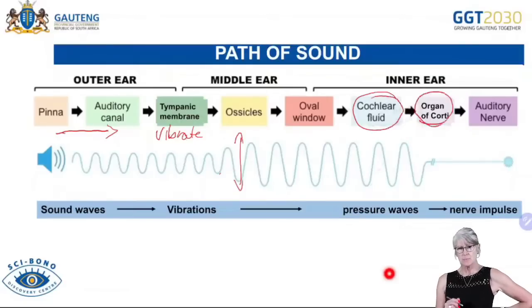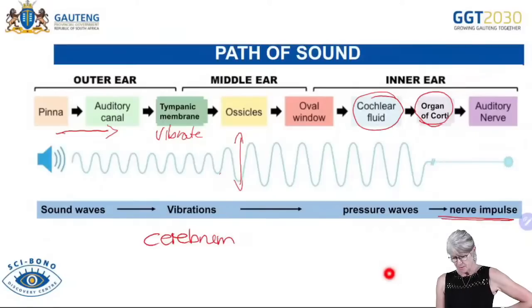As soon as they are stimulated, they're going to initiate a nerve impulse, and that nerve impulse goes via the auditory nerve, and remember, it goes to the cerebrum, because that is where you're going to interpret a sound. Okay, that's where hearing is going to take place, in the cerebrum.